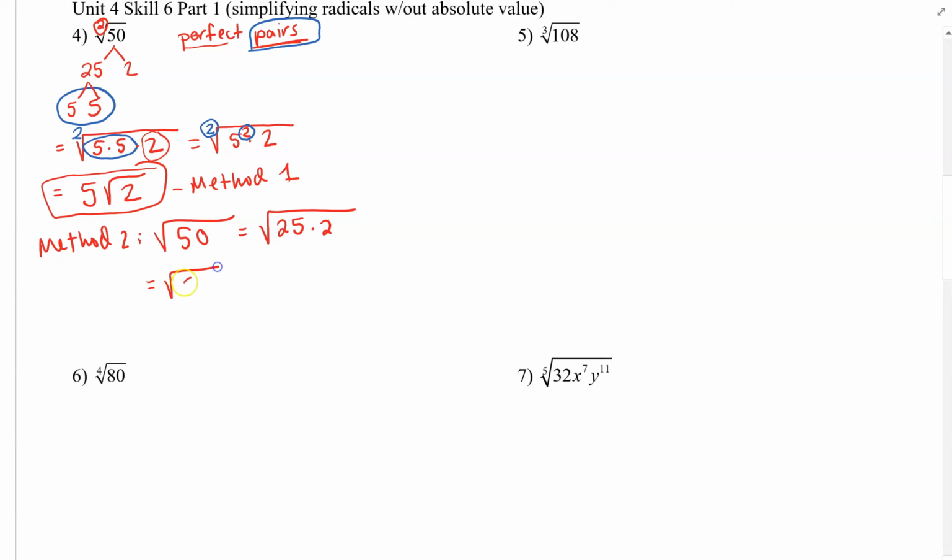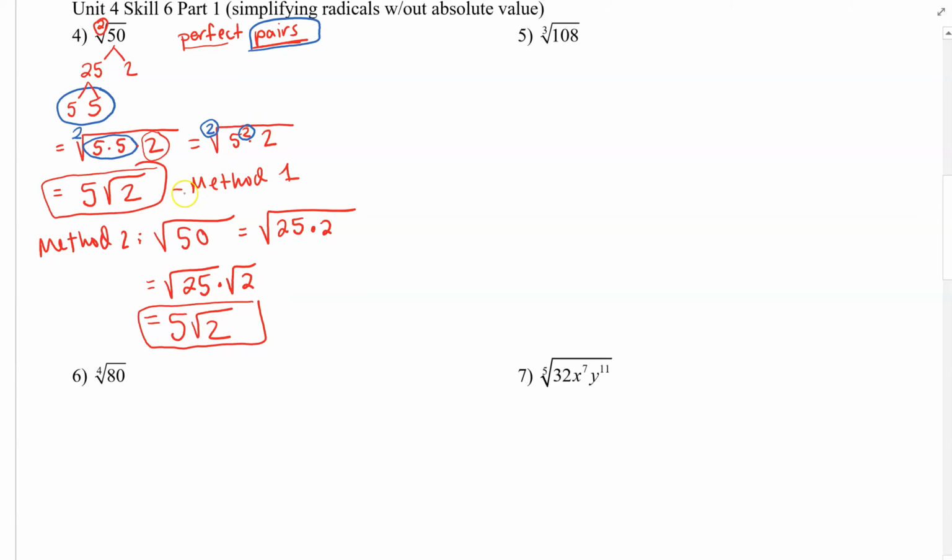It kind of square roots it separately, because this is a product, and so you can square root separately over a product. And the square root of 25 is 5, and the square root of 2 is not a perfect square, so we just leave it as that. But it's basically the square root of 25, which is 5, times the square root of 2. So you see either way, you get the same answer.